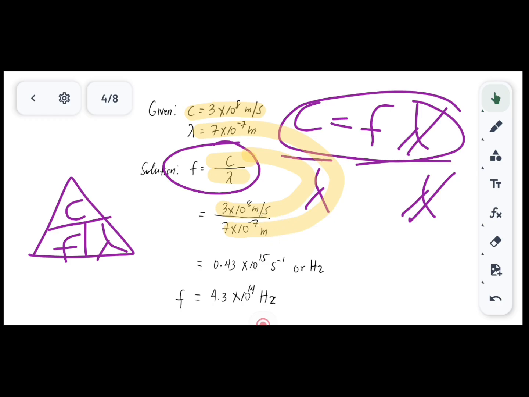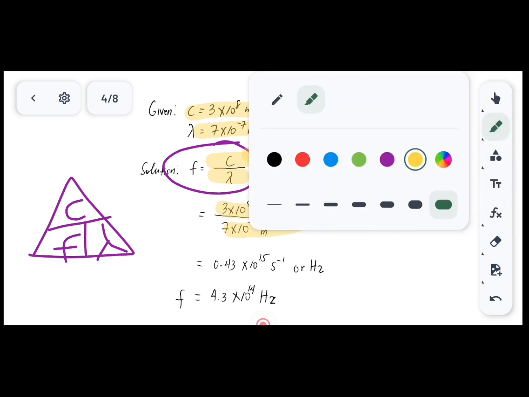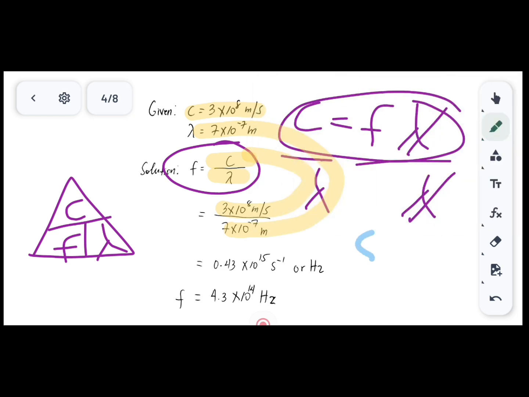So in the law of exponents, whenever you divide a unit that has an expression of exponents, you have to follow the law that states in dividing, you have to subtract the exponent. So you have to subtract the exponent here. And by doing that, you will have 8 minus the negative 7.